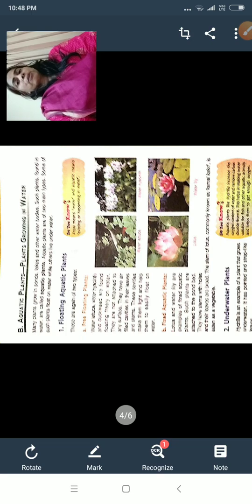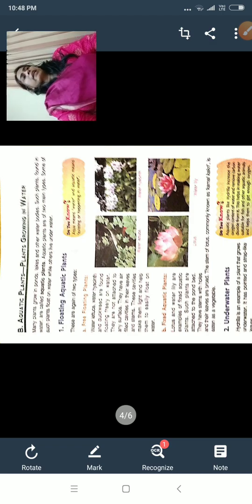Okay, so aquatic means existing or happening in water, and the meaning of aqua is water. As you know, Aquaguard is the machine which gives us pure water.